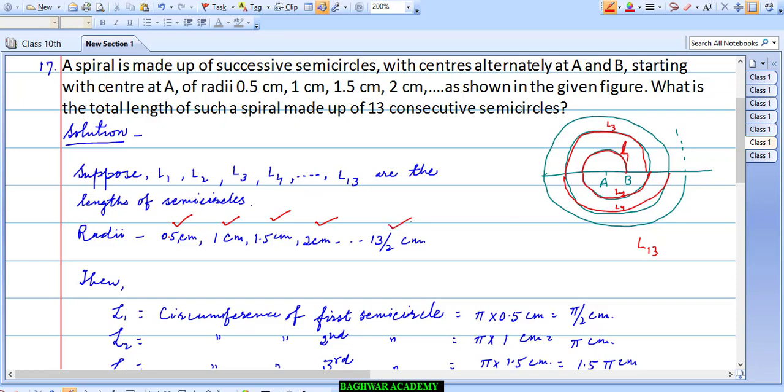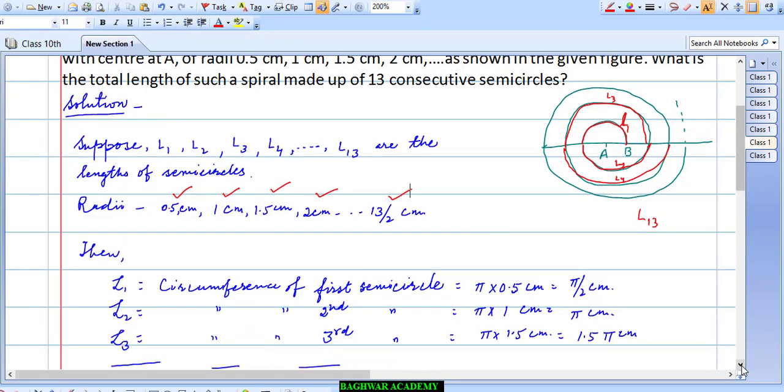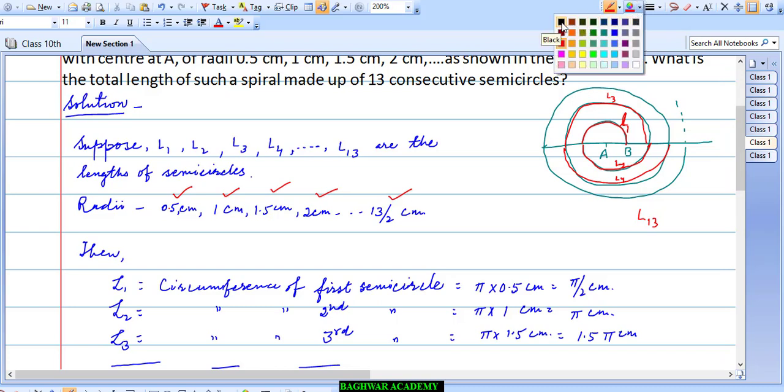This is a simple and easy question. We need to find the length L1. L1 is a semicircle, so its length is the circumference of the first semicircle.